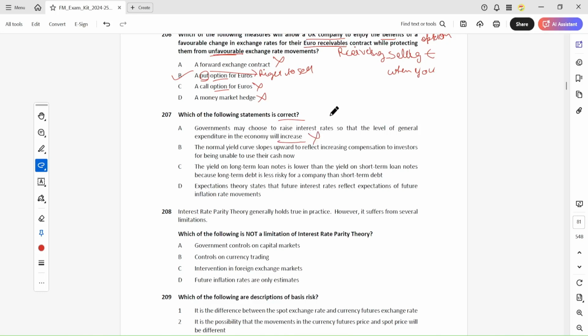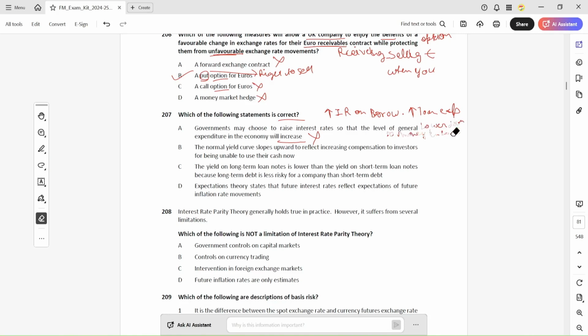No. Because an increase in the interest rate on borrowing makes loans expensive, so people will not borrow, so they have less money.